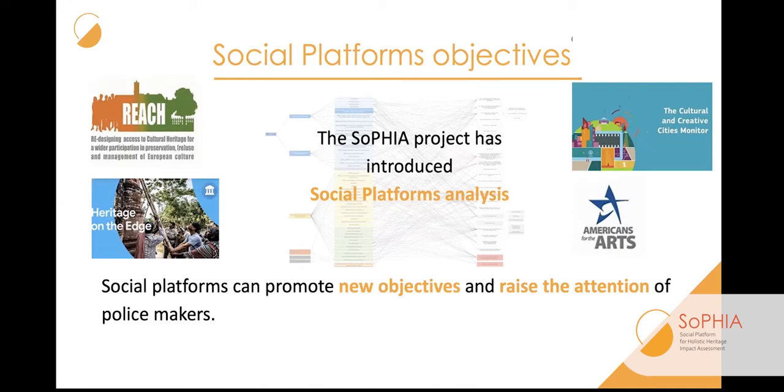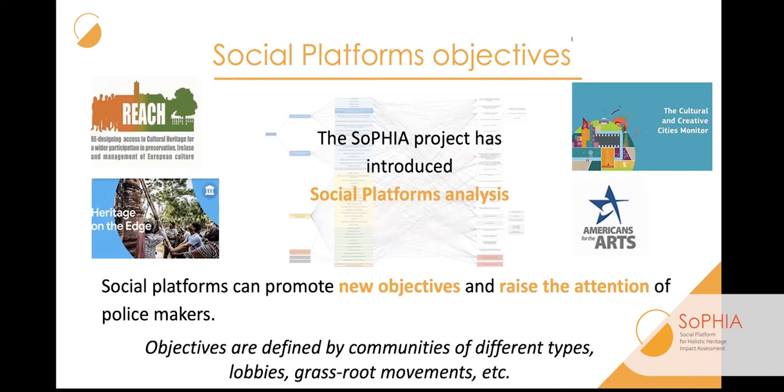I chose Americans for the Arts only because it's completely private. It's not funded by public funds. It is a private social platform discussing and debating arts from a social perspective.